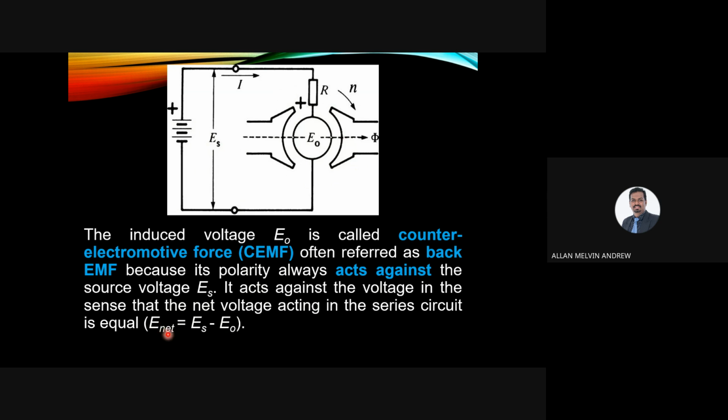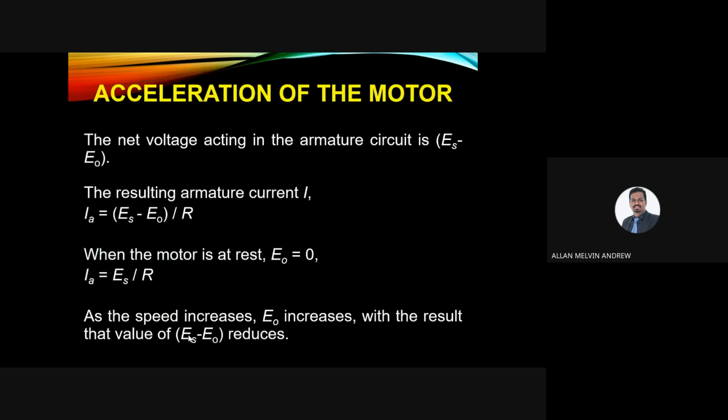Okay, so acceleration of the motor. It's an important part because we want the motor to accelerate uniformly without any jerk, without any sudden changes. So the net voltage acting in the armature circuit is ES minus E0.